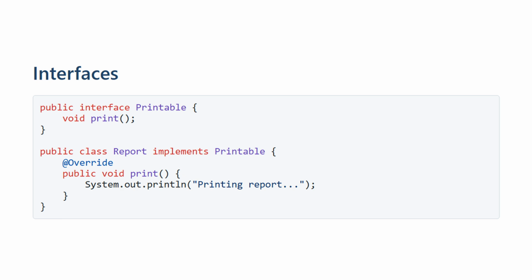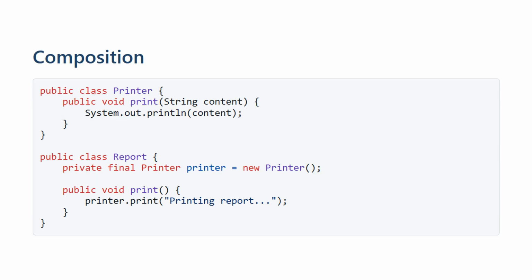An interface defines a contract, what a class can do, without dictating how it does it. Here, Report promises to implement print. Interfaces let you add capabilities without locking into a class hierarchy. A class can implement multiple interfaces, which is something inheritance cannot do.